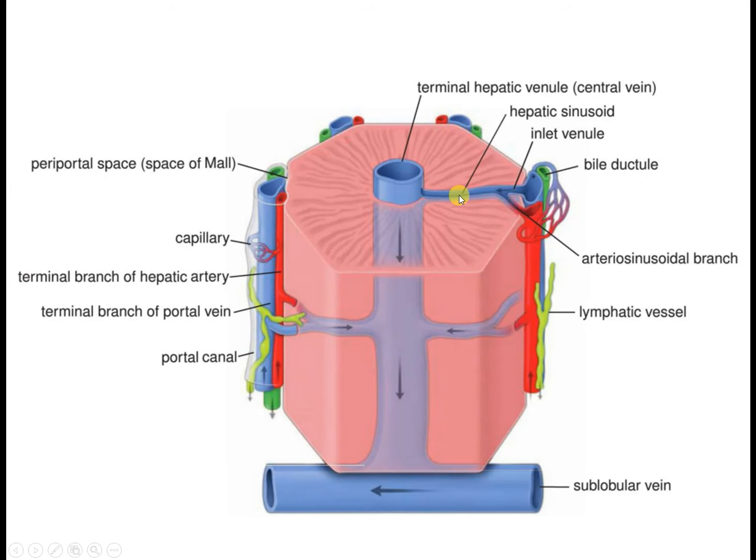They are sinusoid capillaries, which travel to the central vein. That's how the blood supply of the liver goes, and we can divide the entire liver into these lobules.